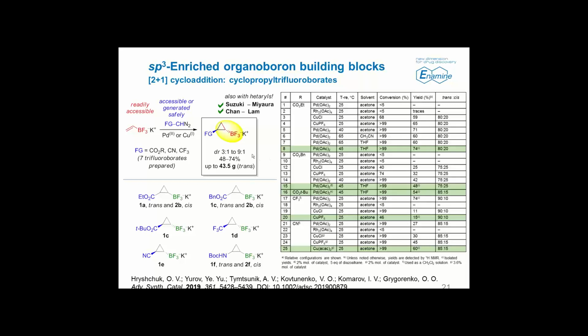For each of the diazoalkanes, some specific conditions have to be developed to obtain the products with the highest possible efficiency. The reaction has modest diastereoselectivity, but diastereomers were easily separated by crystallization, and at least the trans diastereomer was obtained with high efficiency. So these mono and bifunctional building blocks were obtained as pure diastereomers.